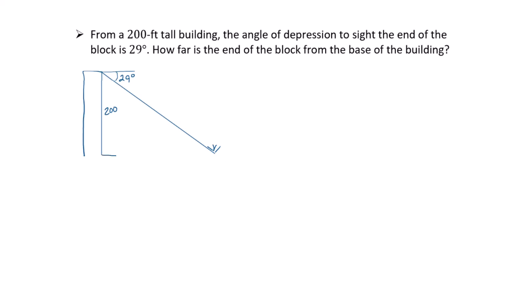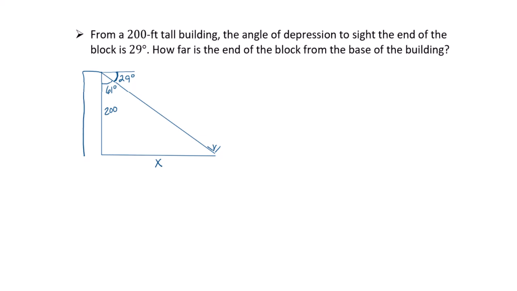And we need to figure out what this measurement is. We'll just call it X. If I know that this is 29 degrees, then this is the complement of that angle. So 90 minus 29 degrees is going to give me 61 degrees.